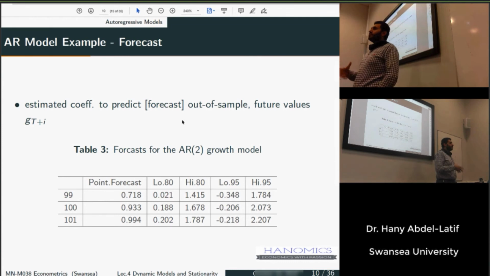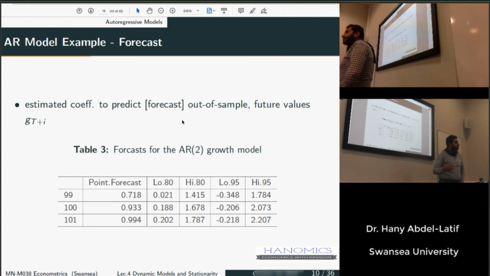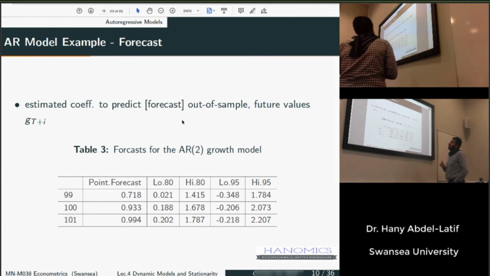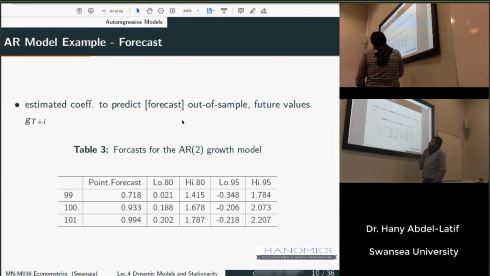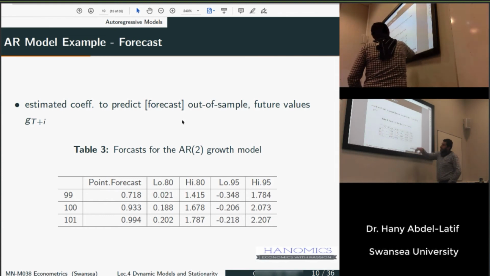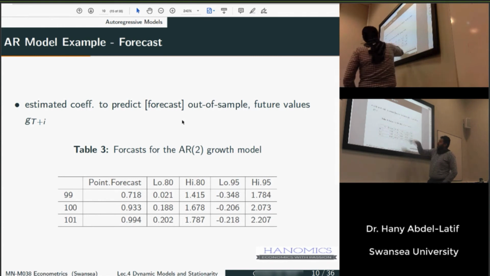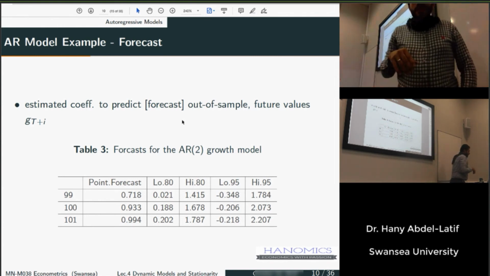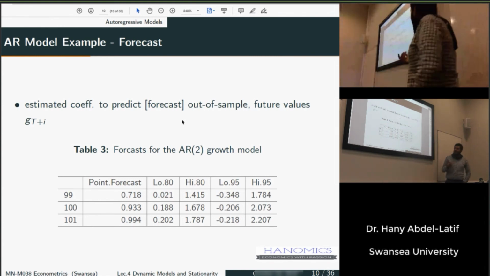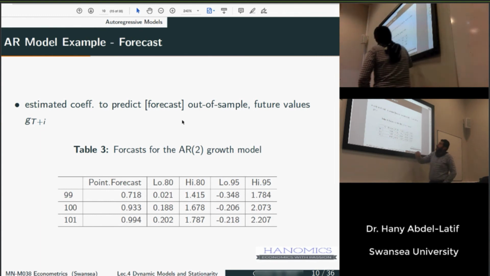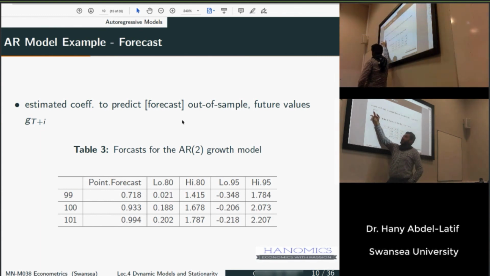What we could do with this model is forecast. We could do the same things that we do with regression. We can use the estimated coefficients to forecast. These are point forecasts, and these are the confidence intervals, the upper and lower bands. In that case, you could forecast future values for Y at T plus i, where T is the number of observations or the number of years.